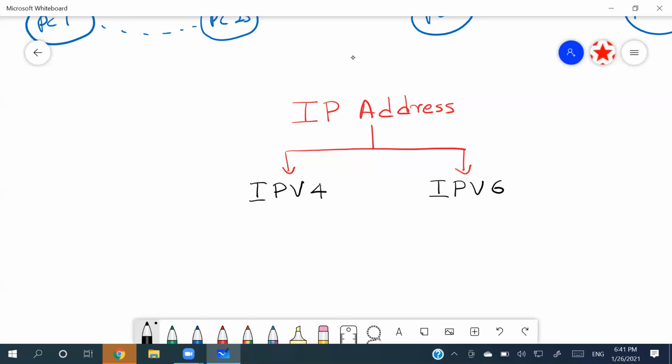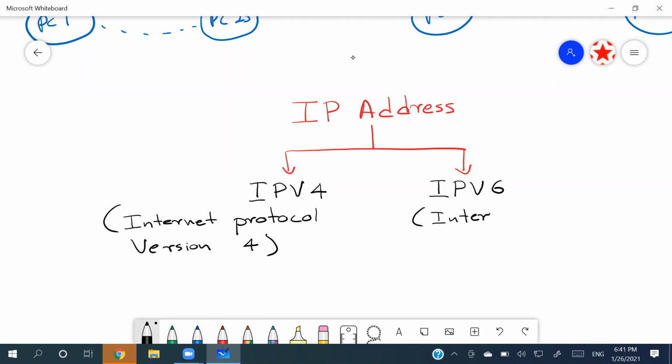I'll write the name below. So this is Internet Protocol version 4, and the other one is Internet Protocol version 6. Right?